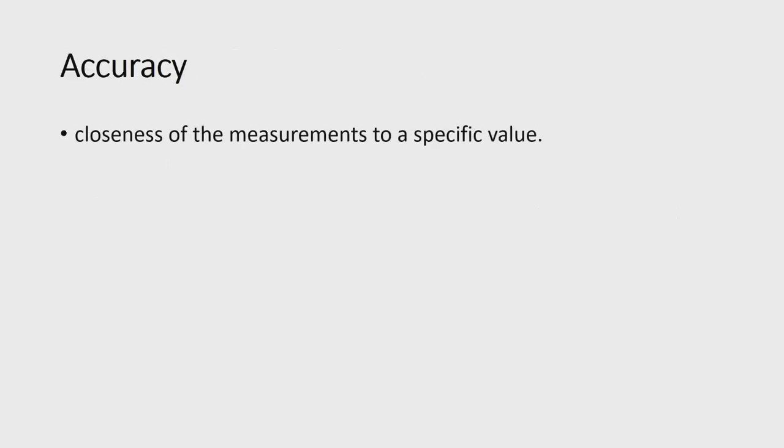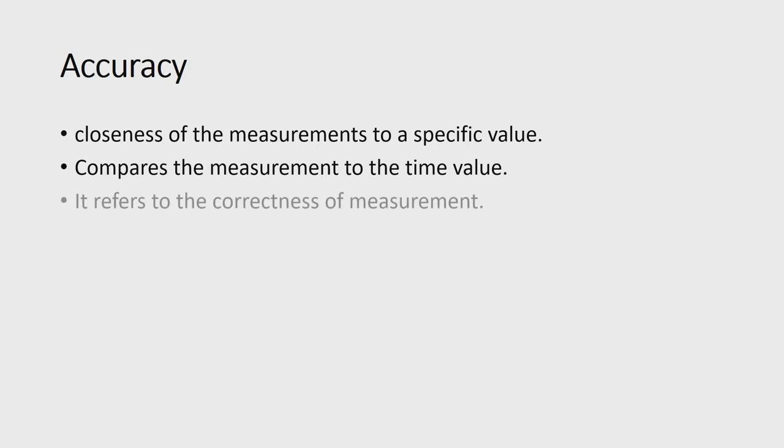Now accuracy, class, is simply the closeness of the measurements to a specific value. It compares the measurement to the true value, and it refers to the correctness of the measurement.